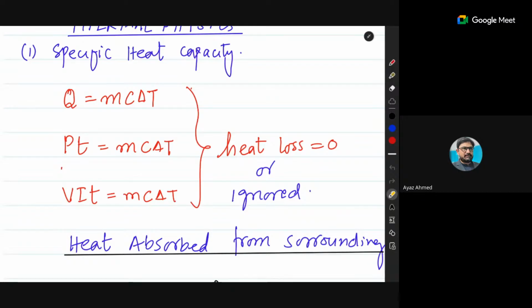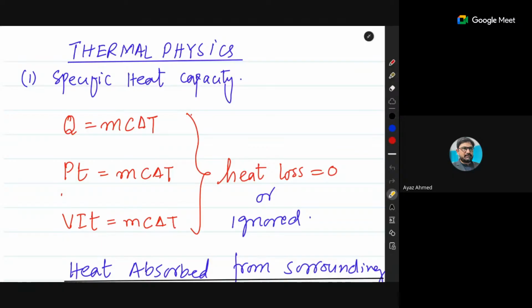So here I have the thermal energy, which is basically Q = mcΔT. Okay, this was one of the formulae if you have gone through that. Then Q was basically the energy, and the energy can be written in the form of power times t, that is, power of any heater times time, and that power can be written in the form of VIt.